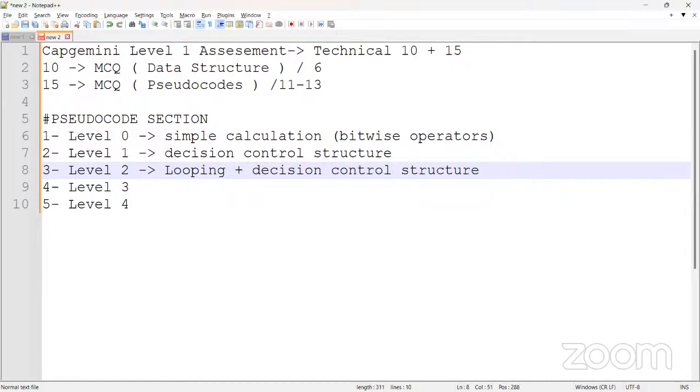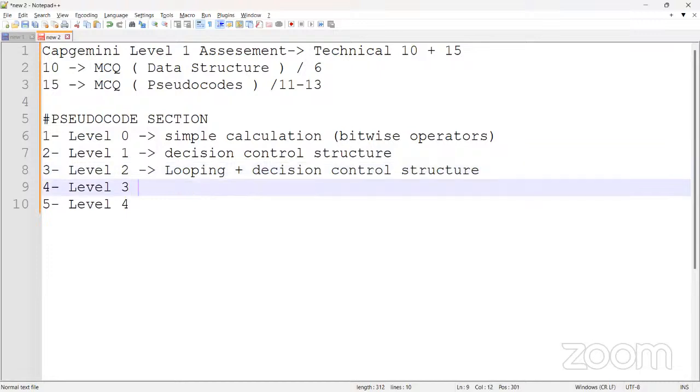So the pseudocodes written in the format of looping and decision control structures belong to level 2. And mark my words, as per my experience till date, let us imagine that there are 15 pseudocodes they are going to mention. Out of 15, there might be 7 to 8 pseudocodes that work on level 2 pseudocode.